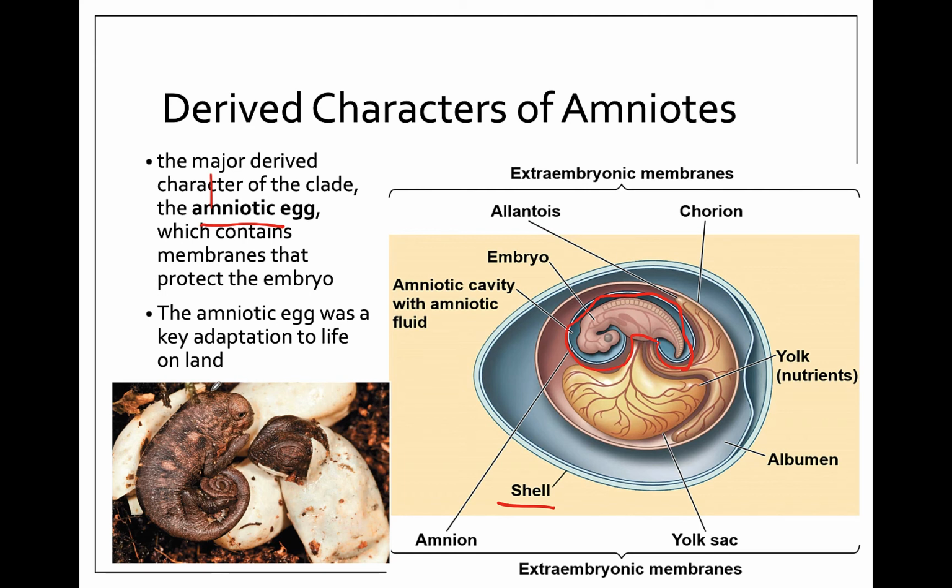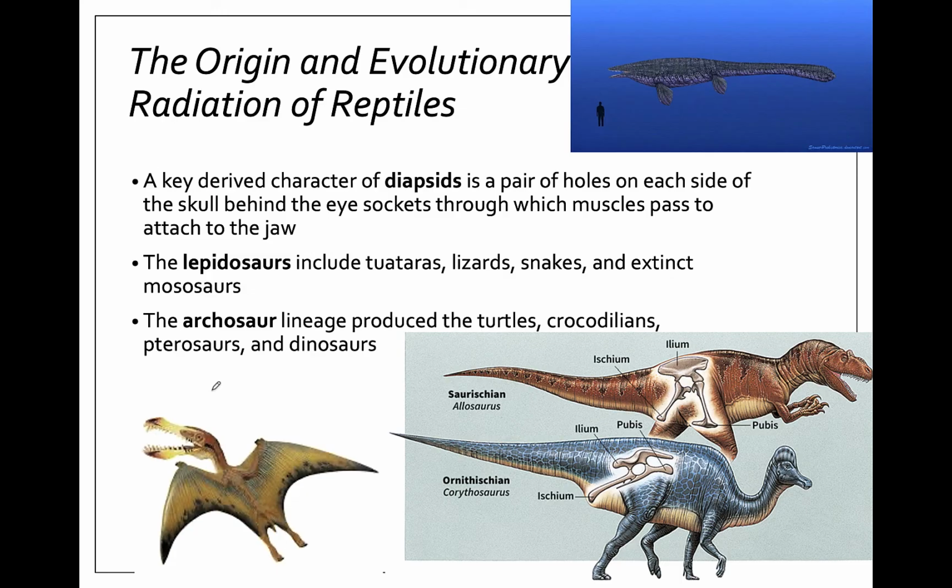So we see keratin in the skin, which is going to help prevent water loss. So the big advantage of the amniotic egg is that now we are not tied to water for reproduction. We can go on land, places like deserts, and lay eggs in nests and not have to rely on being near a water source.